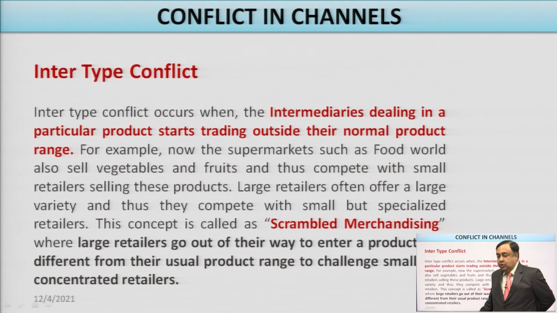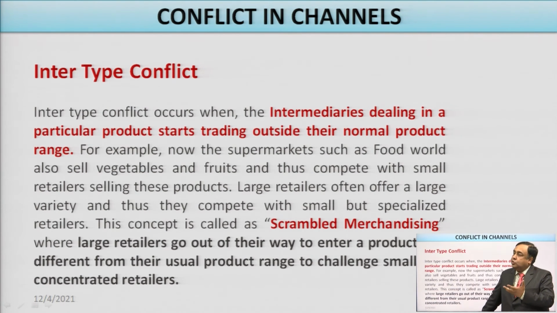Inter-type conflict occurs when the intermediary dealing in a particular product starts trading outside the normal product range. You are supposed to sell consumer goods, you start selling vegetables.